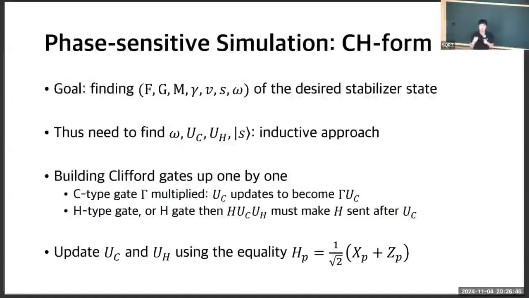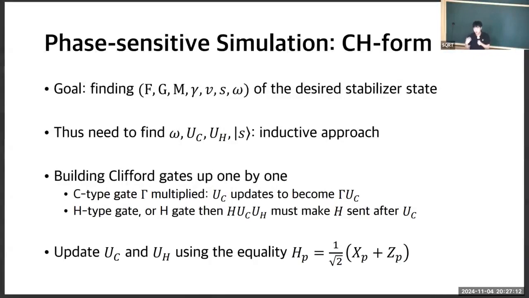Because UC is first and then UH, but the H gate is now after UC, before UC. So after and before would actually mean the same thing because the matrix multiplication order is reversed. So we need to update UC and UH when we apply H gates.